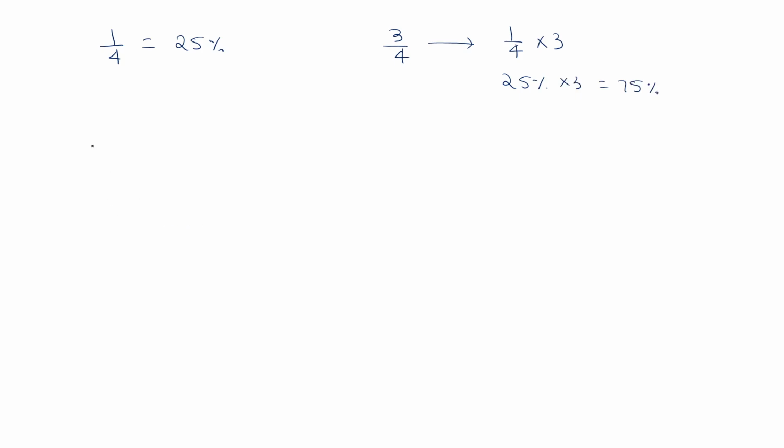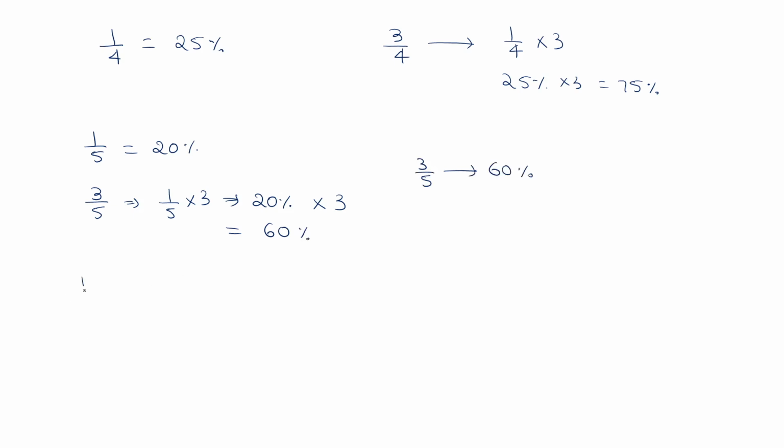We know that the value of 1 upon 5 is 20%. If we need to calculate the value of 3 upon 5, that is nothing but 3 times 1/5. 1 upon 5 is 20%, and 3 times 20% is 60%. So the percentage value of the fraction 3 upon 5 is 60%.